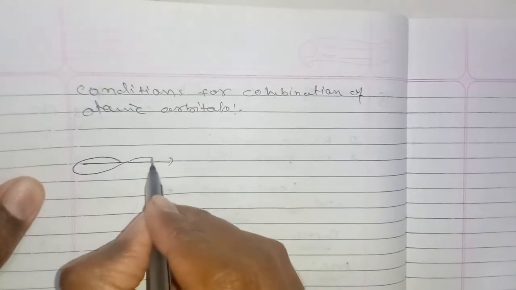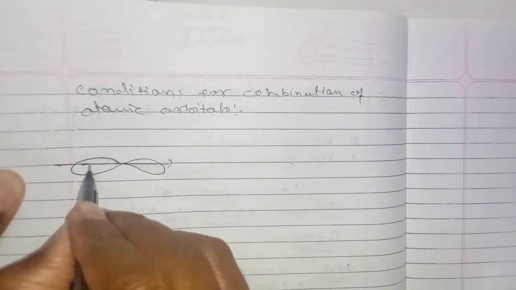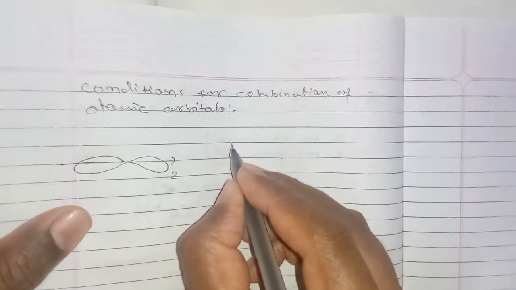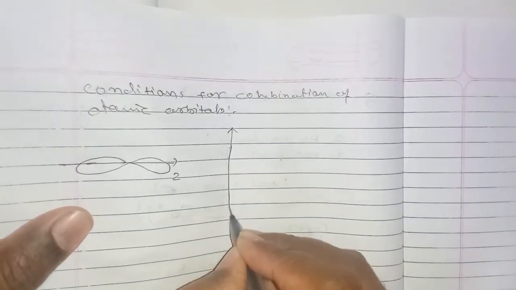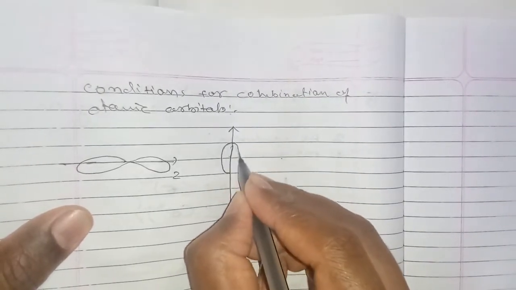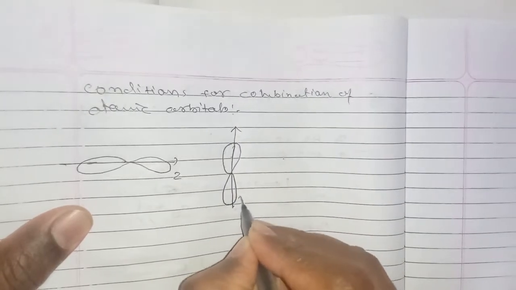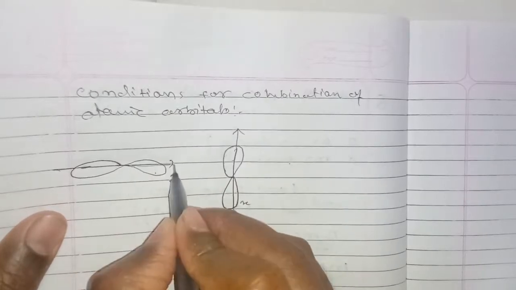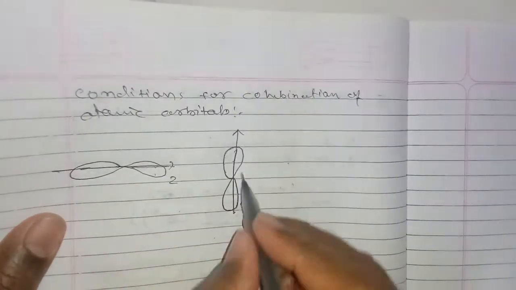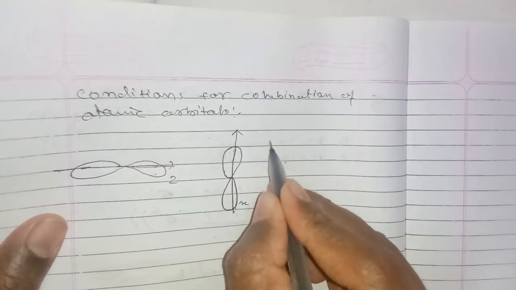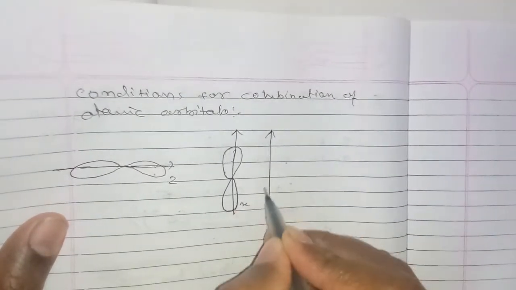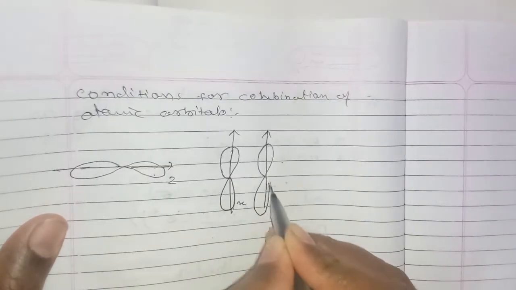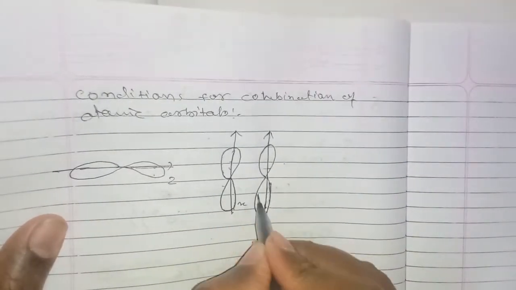here the atomic orbital is on the z axis or on the x axis. So only the orbitals on the z axis can combine, or on the x axis; if the second orbital is also on the x axis, they can combine.